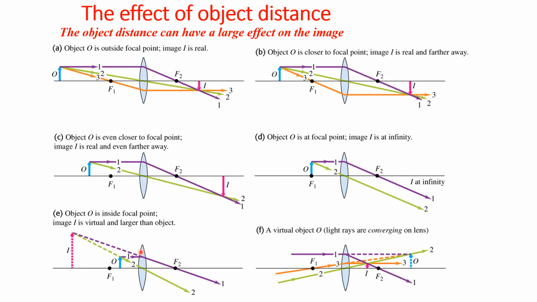Then when an object is between the focal point and the lens, the image is virtual. To be virtual means that the image is located on the same side as the object, and the image is larger than the object, which means that the image is magnified.